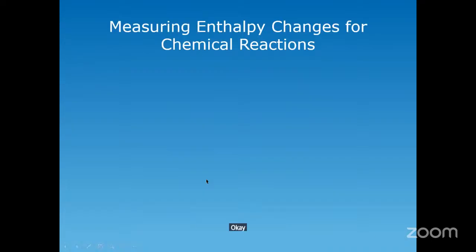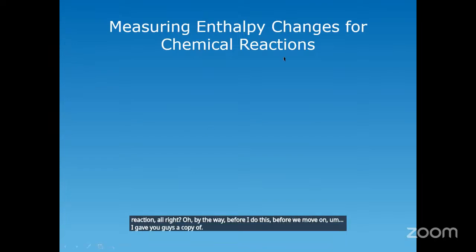Okay, let's talk about measuring enthalpy changes in chemical reactions, all right? Oh, by the way, before we move on, I gave you guys a copy of the assignment for this chapter, right? I did? Okay, good.